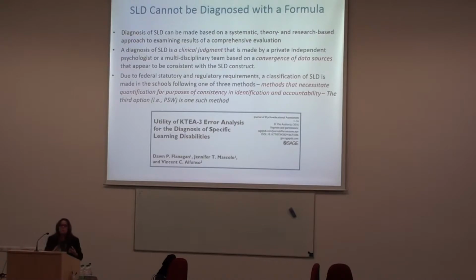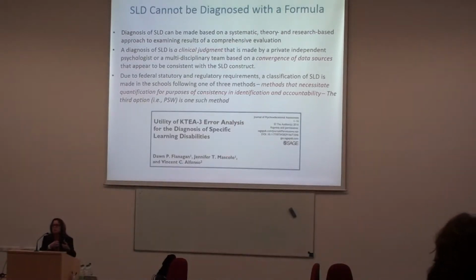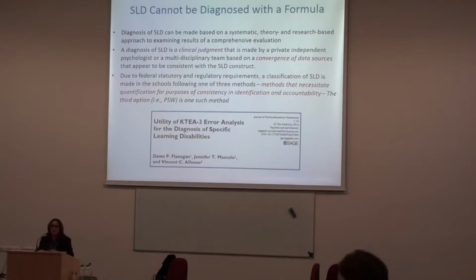We have to use the formulas that analyze data to inform our decision, not make our decision for us, because specific learning disability requires that you look at multiple data sources gathered in many different ways, and based on what we know about the condition, that is the definition of specific learning disability, do all these data sources converge in a way that supports the diagnosis? And that requires a lot of information, and it requires clinical judgment.